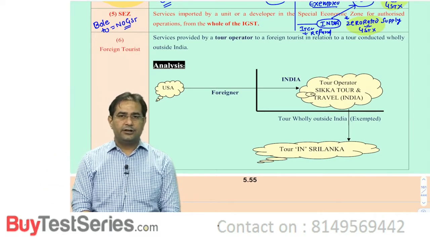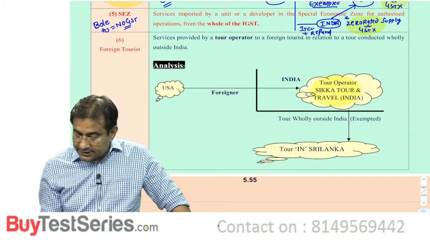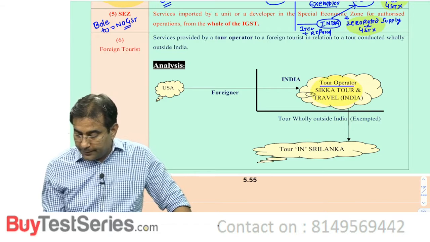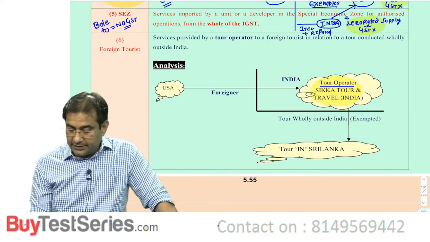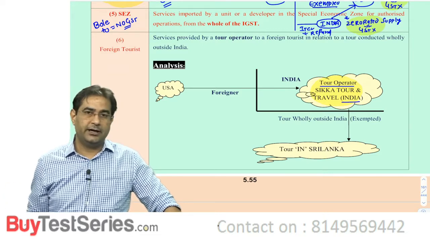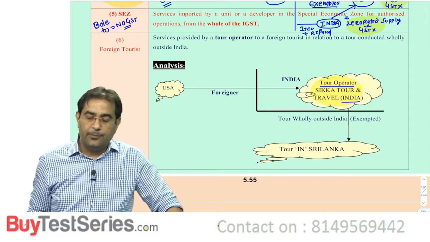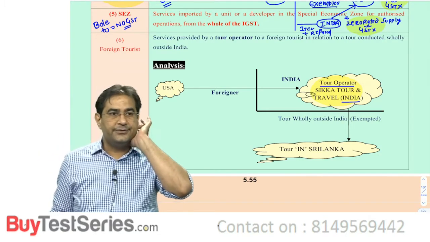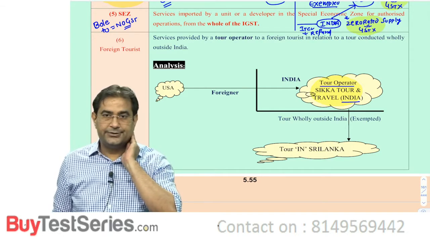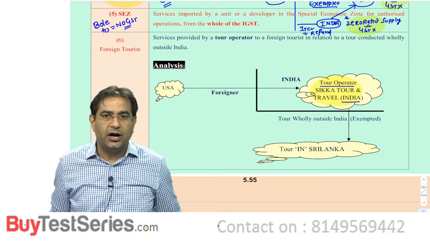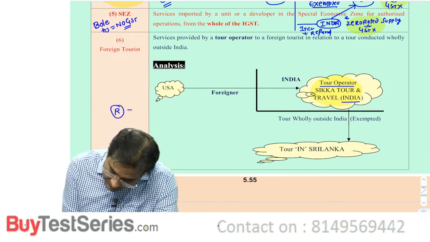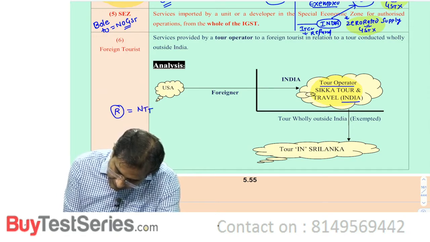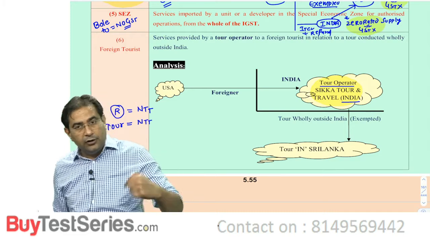Suppose a tour operator like Sika Tour and Travels located in the taxable territory in India provides services to a foreigner, with respect to a tour that is exclusively outside India, meaning thereby the recipient belongs to a non-taxable territory and the tour also belongs to outside India.